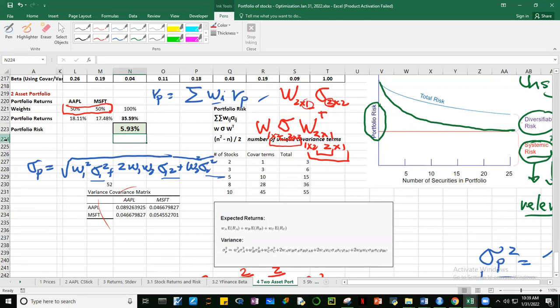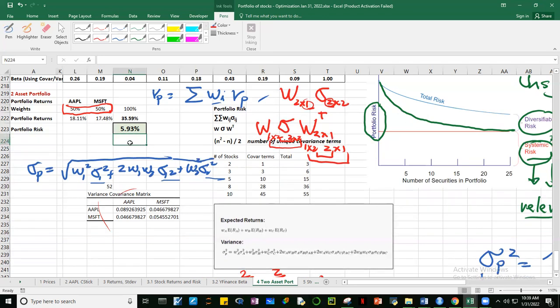So sa Excel guys, ang matrix multiplication is via mmult. Okay, so let's do that. So una, yung weight matrix, i-multiply natin sa variance covariance matrix. So let's do that. Mmult, no? We're using mmult. Lakihan ko to.